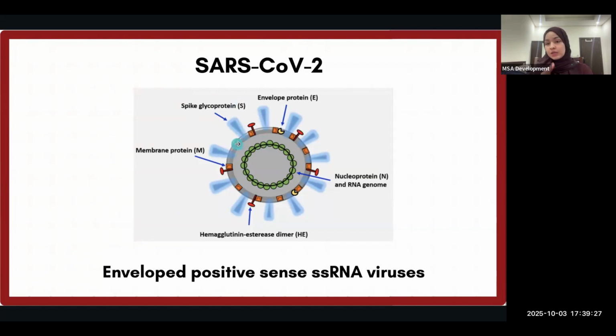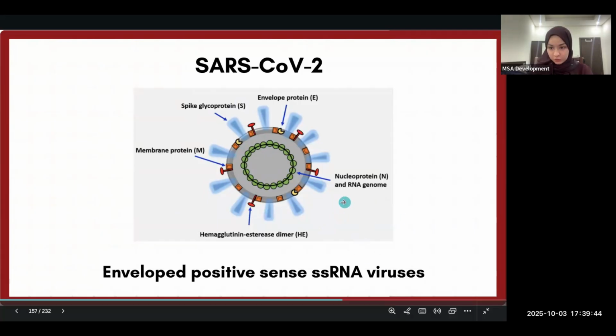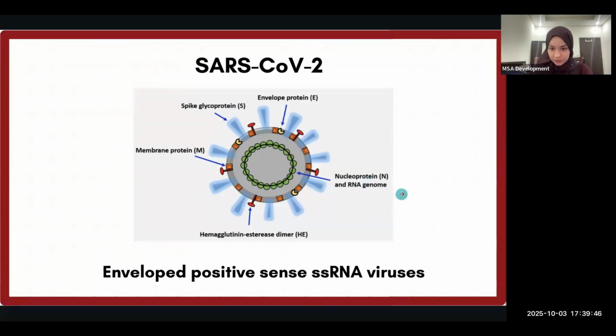These are what allow the virus to enter the cell, and it does this by binding to ACE2, angiotensin converting enzyme 2. You have the nucleoprotein of the genome. This one is responsible for inhibiting the host cell defenses and also promoting RNA replication. I think that's the main things you need to know about COVID.